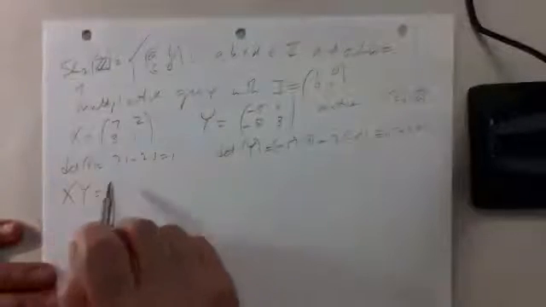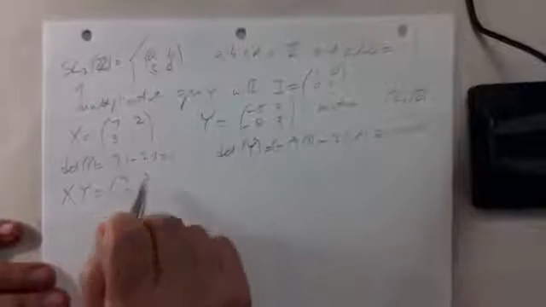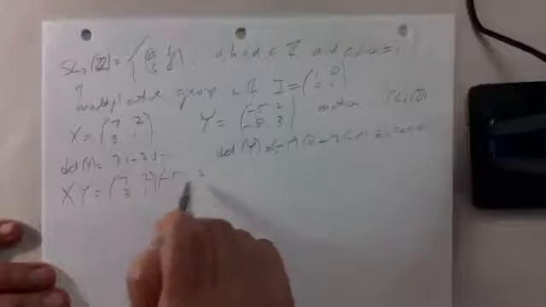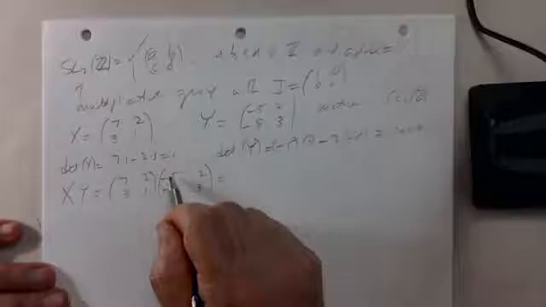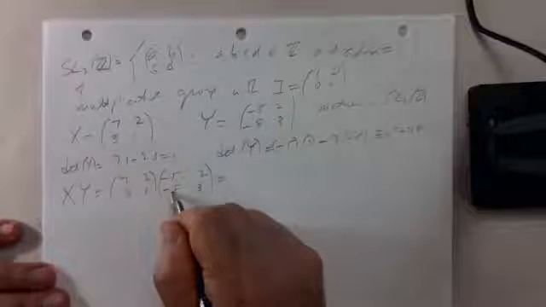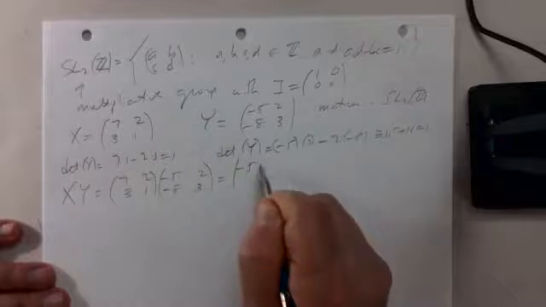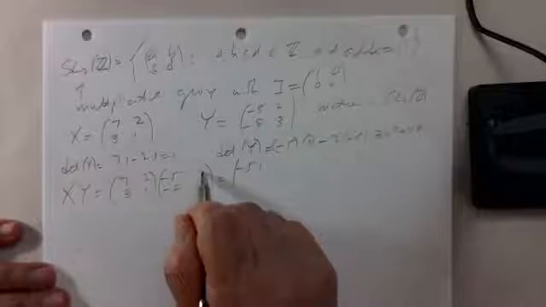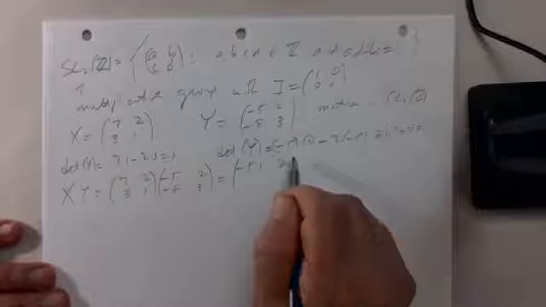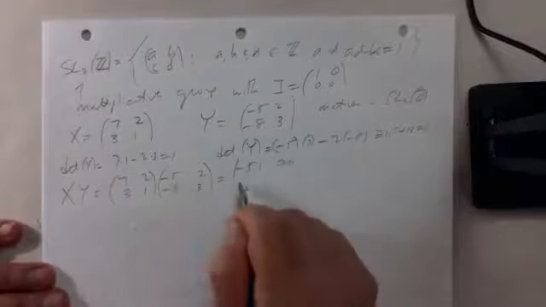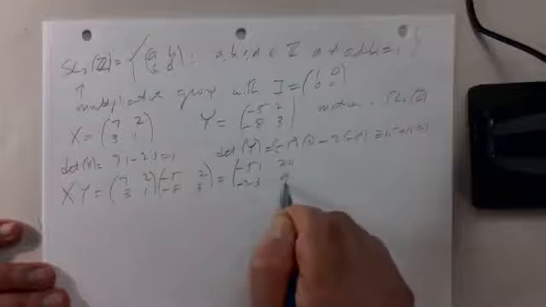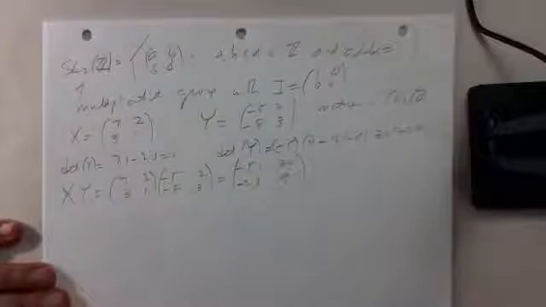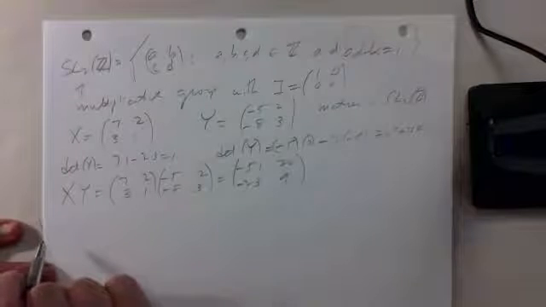Let me multiply them. 7, 2, 3, 1 times minus 5, 2, minus 8, 3. This is minus 35, minus 16 is minus 51. 14 plus 6 is 20. Minus 15 minus 8 is minus 23. 6 plus 3 is 9. Let's see. What is that determinant?